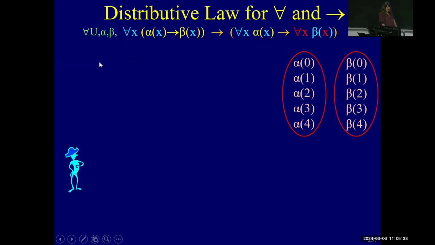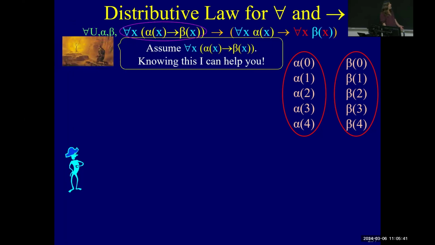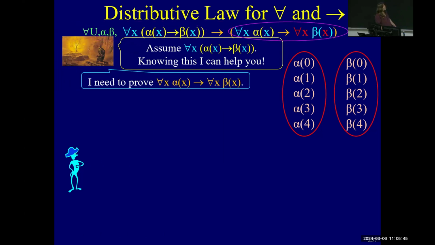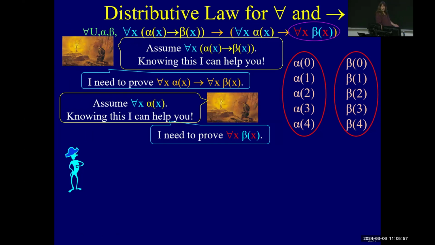Our first line was, let our universe be arbitrary, right? And then our next line is we have an oracle assuming the left side. And so then our goal is to prove the right side, right? How do we do that? We have an oracle assume the left side, and we have to prove the right side. All right, is everybody with me so far? We have two oracles. We have to prove something.